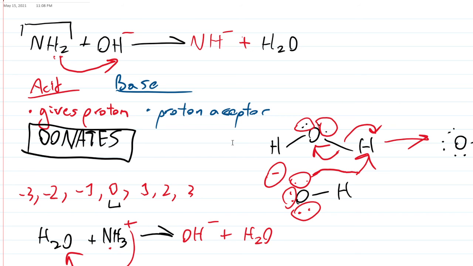Because one of those lone pairs used to be dedicated to one bond, which is now given away, and the other one, that was the hydroxyl group, but now it has another bond with a hydrogen and 2 lone pairs. So this satisfies the formal charge, so it has no charge at all.